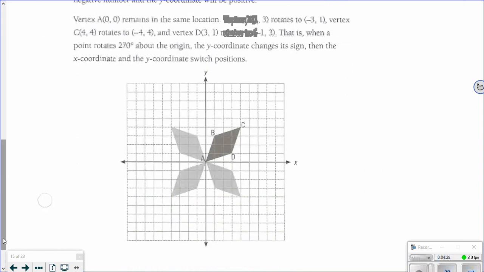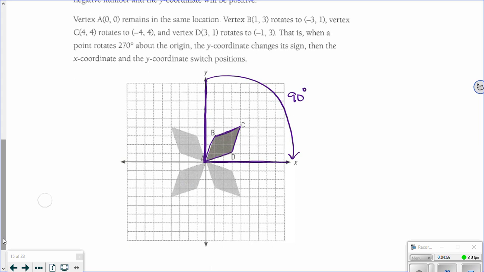Okay, so this was our original right here, A, B, C, D. And if we're going to rotate 90 degrees, I need to think about moving my axis 90 degrees clockwise. So the way I think of it is this line right here, if I rotate this line 90 degrees, is going to become this reference line right here.